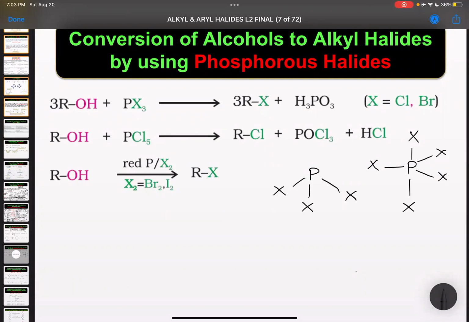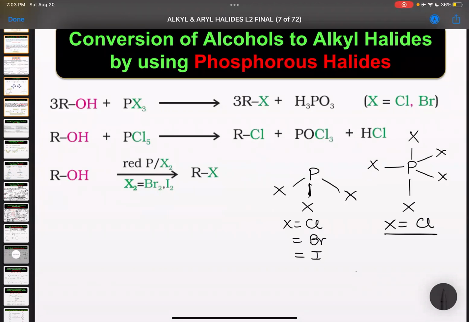For PX5, X can be Cl, or we can also use Br. And for PX3, X can be Cl or Br or I, right?